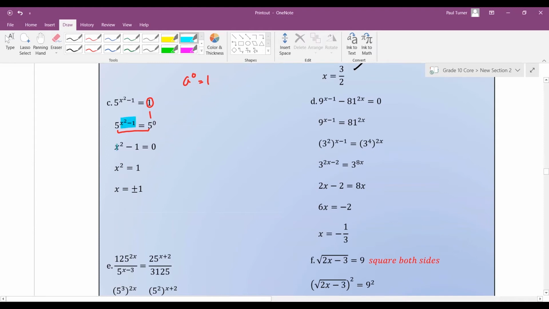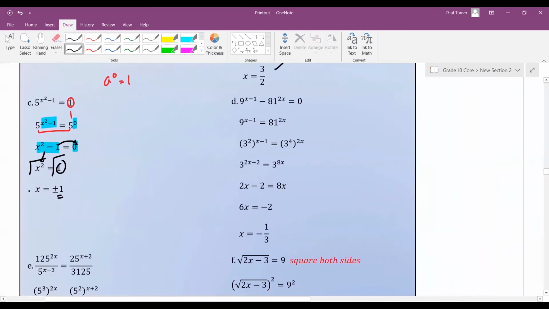So x squared minus 1 is here, and 0 is here. Okay, so once your bases are equal, you just ignore the base and you look at the powers. So then x squared equals 1, and then square root both sides. You'll get plus or minus 1 here for x. Okay, any questions? All right, so fairly straightforward.